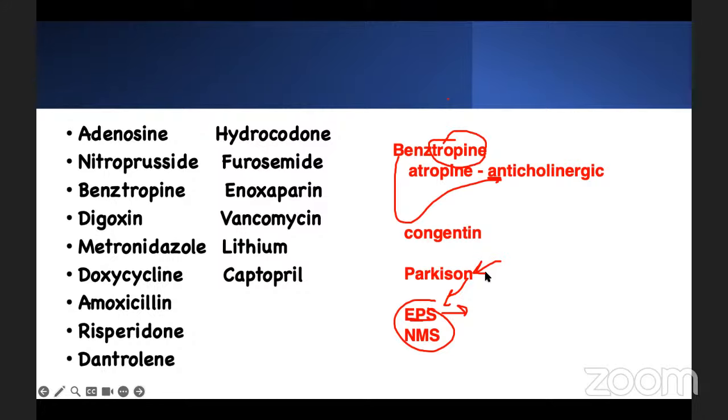But because it's an anticholinergic, you don't have to memorize it, right? You know what you expect: dry mouth, dry eyes, constipation, urinary retention. And what is your biggest B sharp? All this doesn't matter. Don't worry about it.